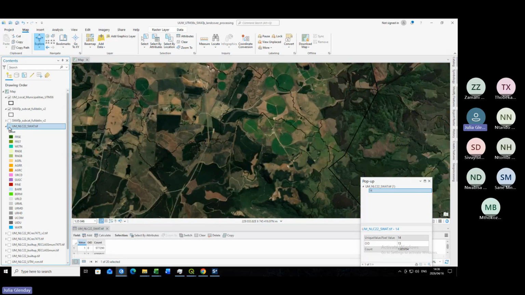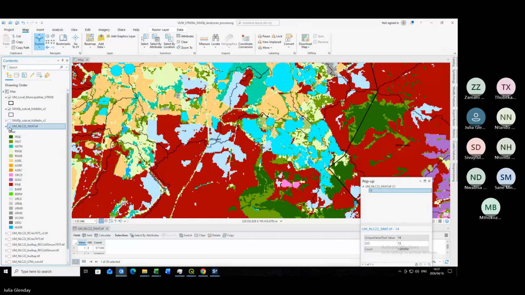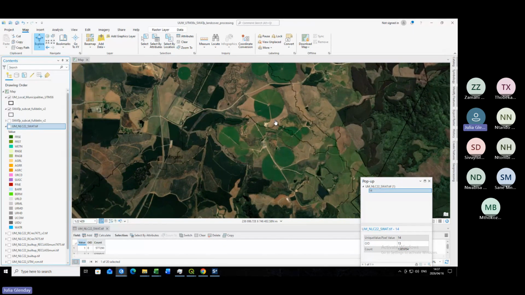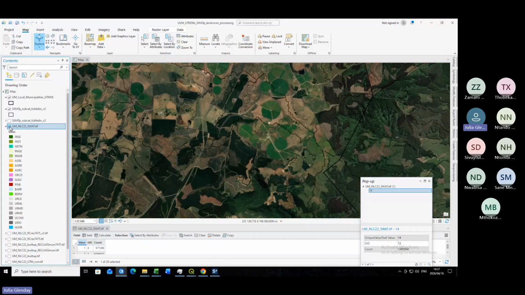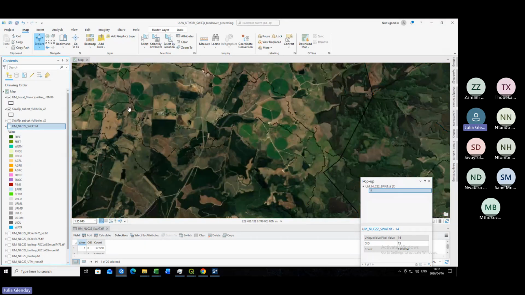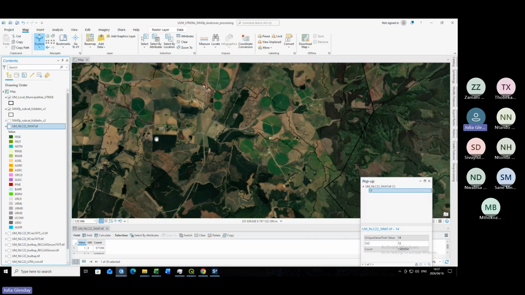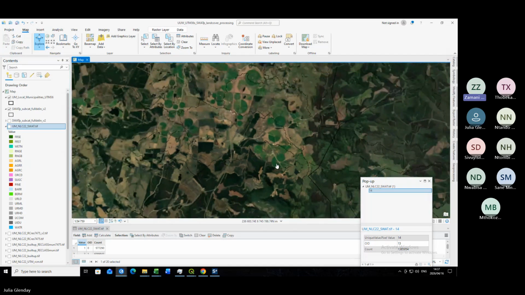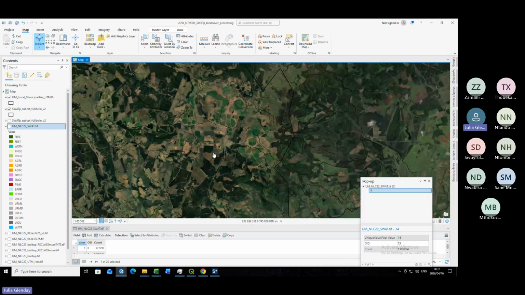What are we seeing there? I don't know what's happening on these pivots. What are people typically growing on these pivots that you've seen? Would that be maize in the summer and wheat in the winter? Yes. Okay.